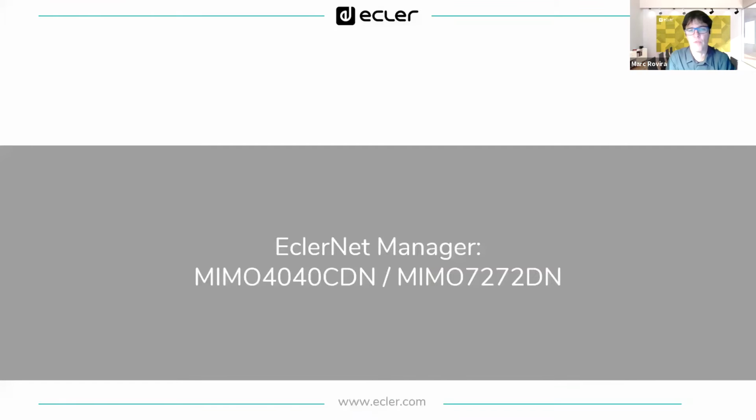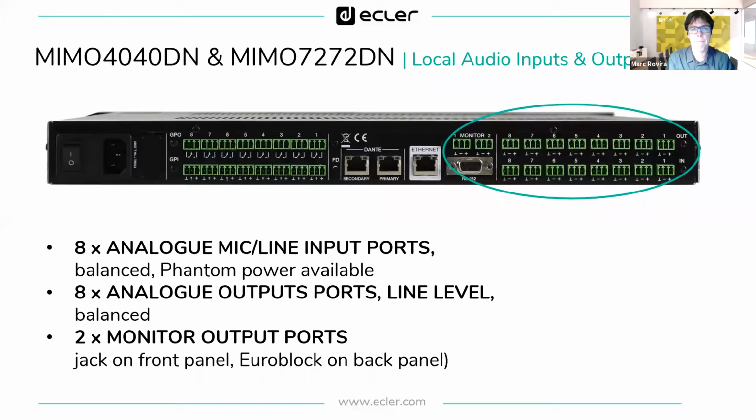Okay, let's talk about the MIMO 4040 CDN and 7272 DN. We have this balanced local audio inputs and outputs, okay, analog inputs and outputs, and we have 2 monitor ports, the same way as the MIMO 88.